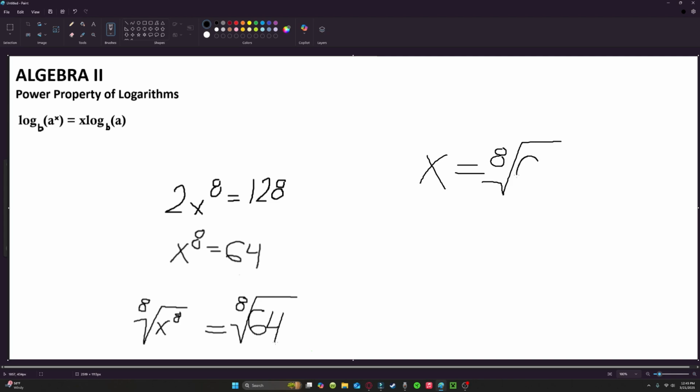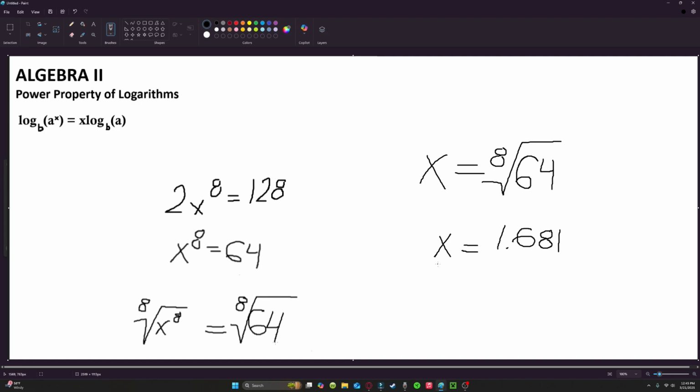And if we were to do the 8th root of 64 in our calculator, that equals approximately 1.681.